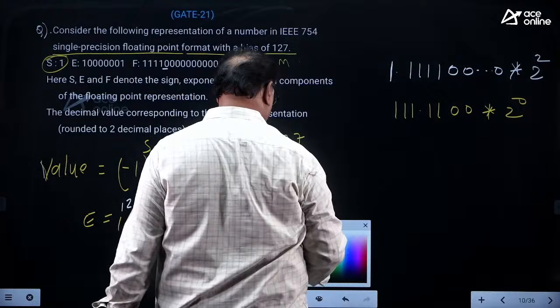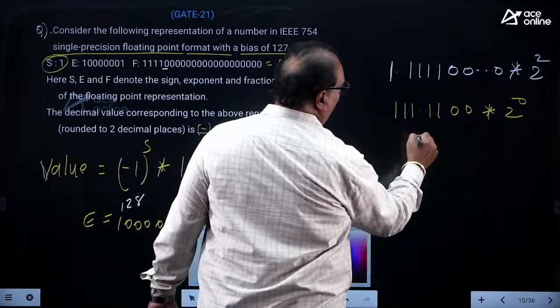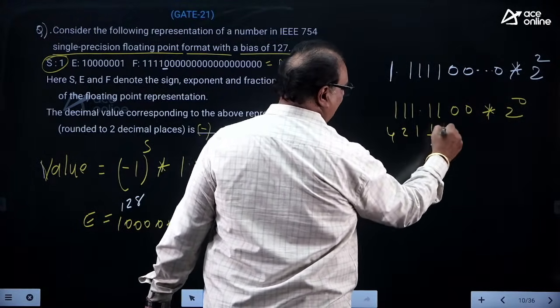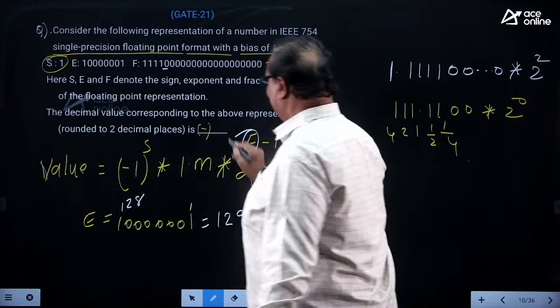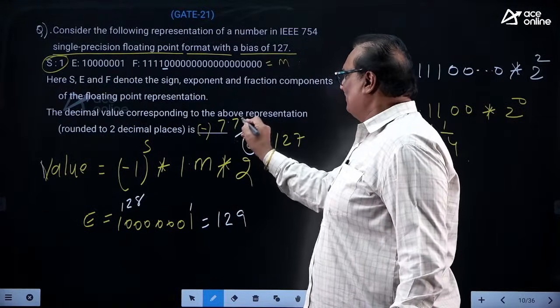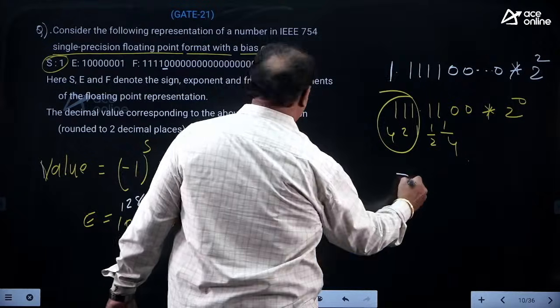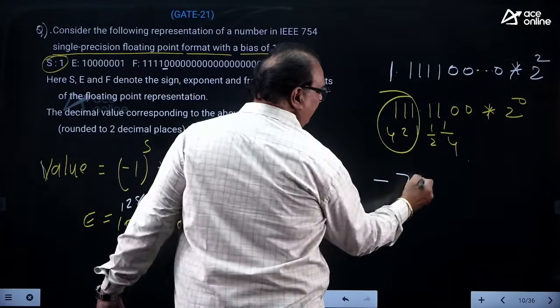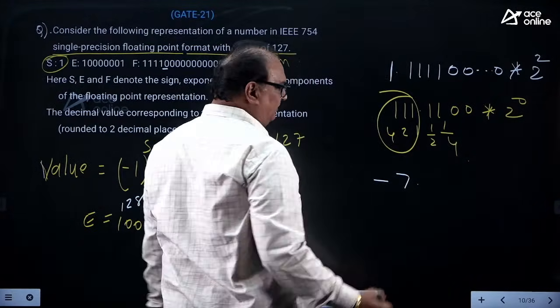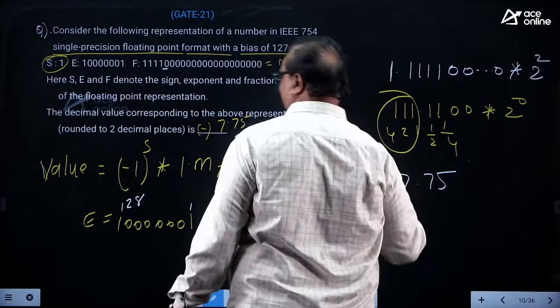What about the value here? 4 plus 2 plus 1, 1 by 2, 1 by 4, nothing but minus 7.75. This value is nothing but 7. Already S is equal to 1. 1 by 2, 1 by 4, 3 by 4 means 75.